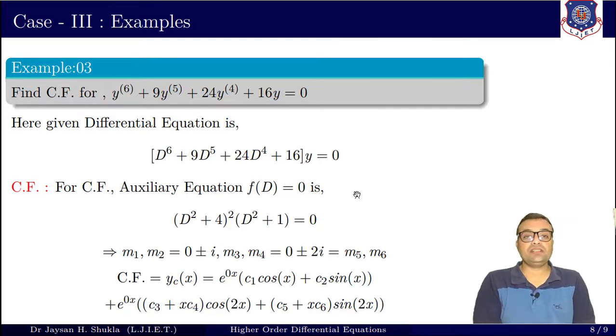If you have any difficulty, we should again go through these 3 different examples in which I try to cover each and every possibility of repeated complex roots. In an exam, you will hardly find a 6th order differential equation, but to make this clear, I am considering a 6th order differential equation also.